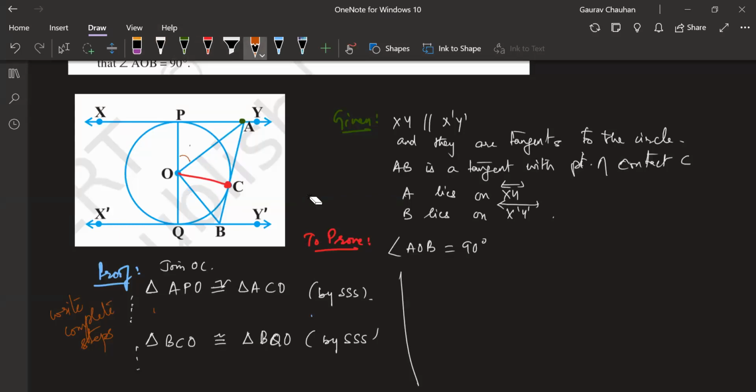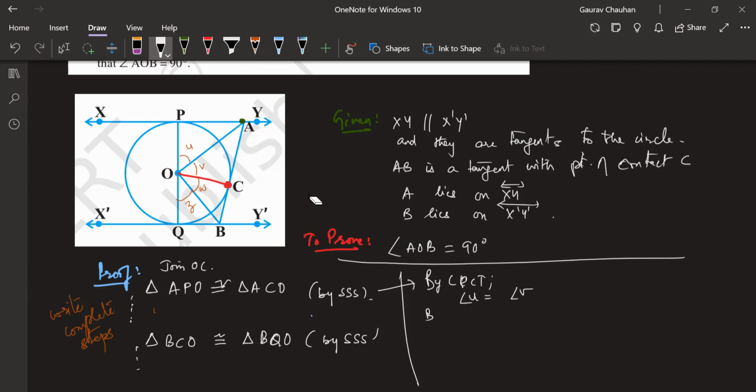A, B, P, Q, X, Y have already been used, so let's call them U, V, W, and Z. Now, by CPCT from this one, we will get angle U equal to angle V. And by CPCT of this one, we will write angle Z is equal to angle W. Everyone okay with this also?